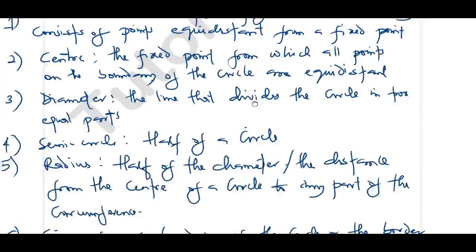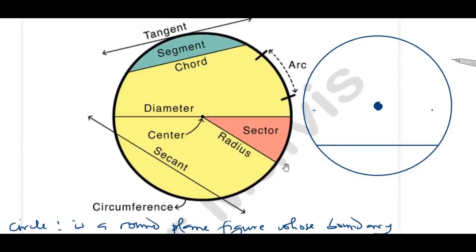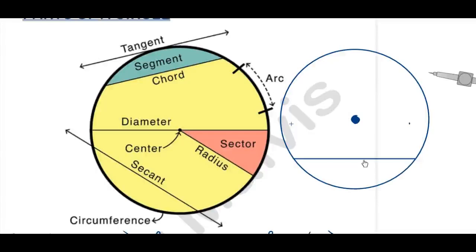So the next thing we are going to talk about is sector. All right, let's talk about the sector. Now we said that when we have half of a diameter, we have a radius. And we also said that from the center of the circle to any point on the circumference is a radius.